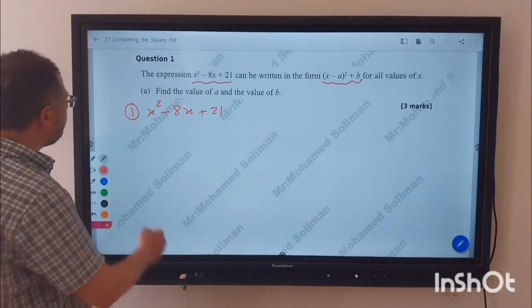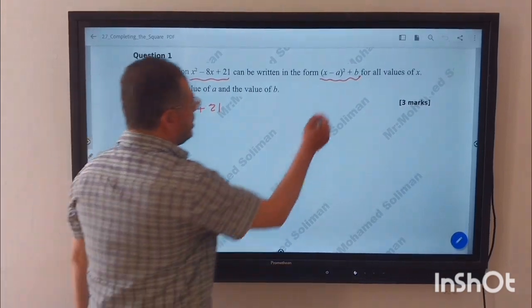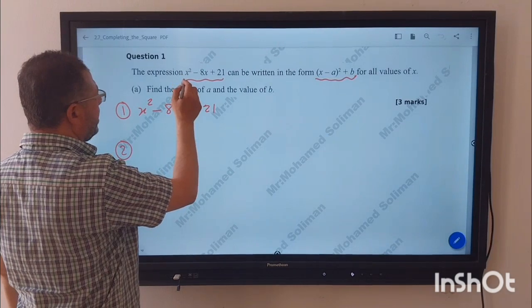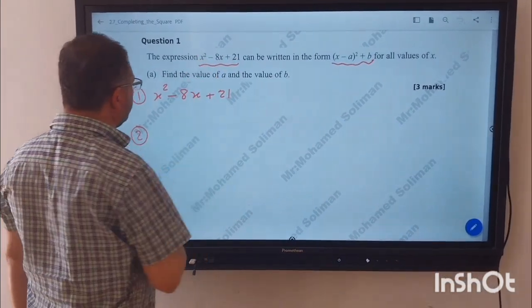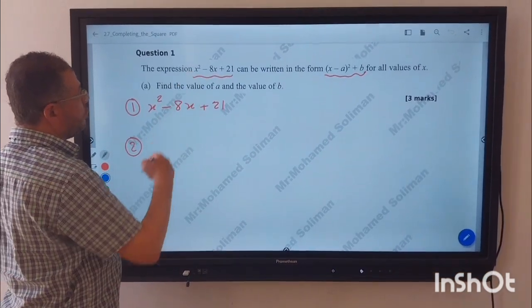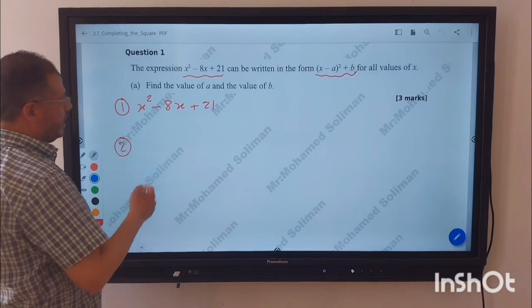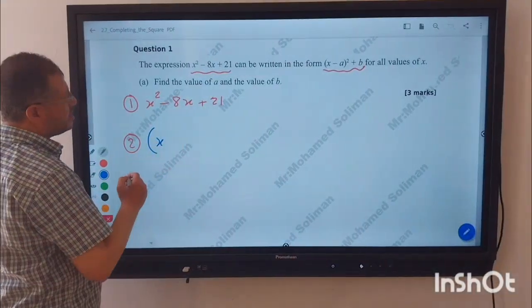Next, I have to plug in the values. What are the values that I have? Here we have a, b, and c. a is 1, b is negative 8, and c is 21. Okay, let's see. I have to put here what? x.